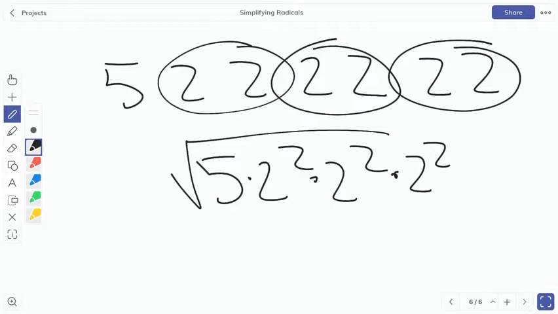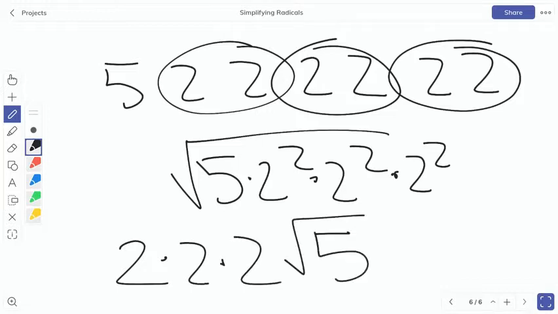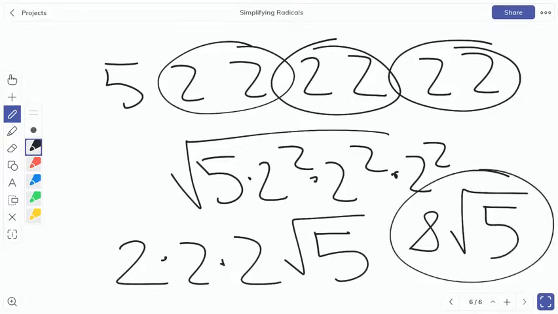But we can rewrite this as 2 times 2 times 2 square root of 5 because the pairs can be taken out of the square root. 2 times 2 times 2 is 8, and then we still have the square root of 5. So that's your answer, 8 square root of 5.